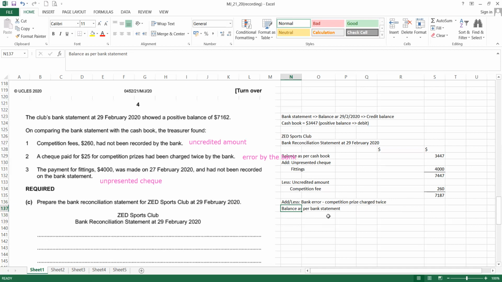It means that from the bank statement, logically, it should be lesser than the cash book money because it was deducted twice. So in this case, we have to minus. Less bank error, competition price charged twice, minus 25.